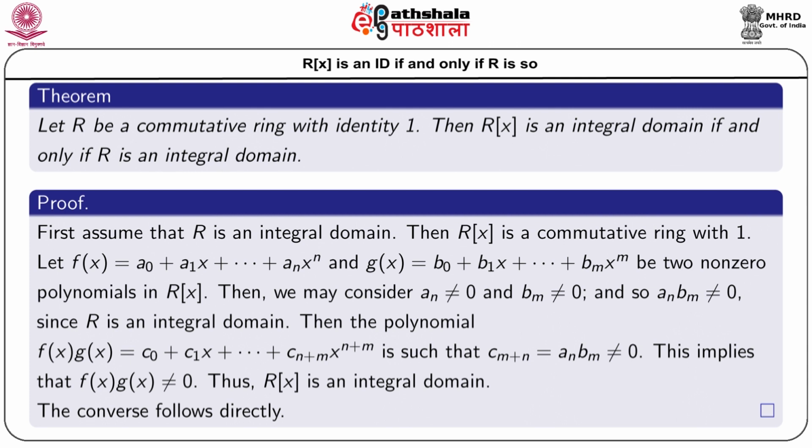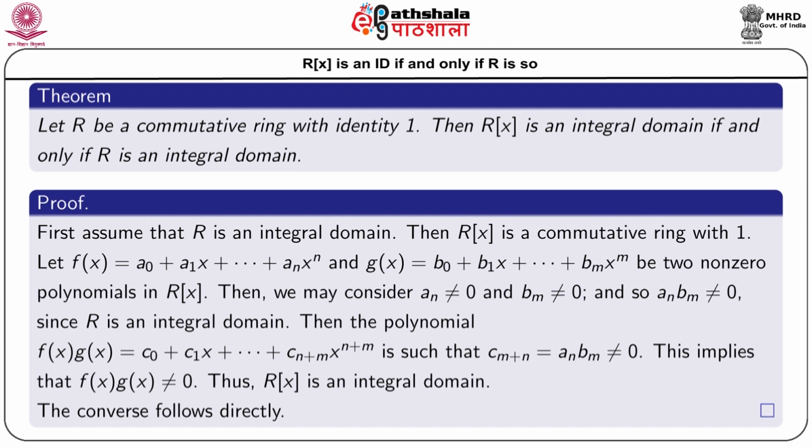We see that R[x] becomes an integral domain if and only if the ground ring R is also an integral domain. To prove the result, first assume that the given ring R is an integral domain. Then, as we have seen earlier, R[x] is a commutative ring with unity.